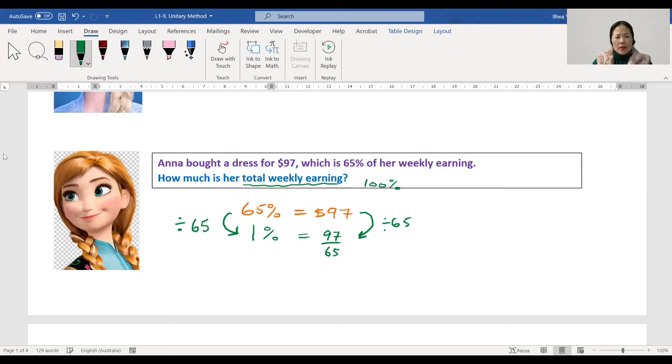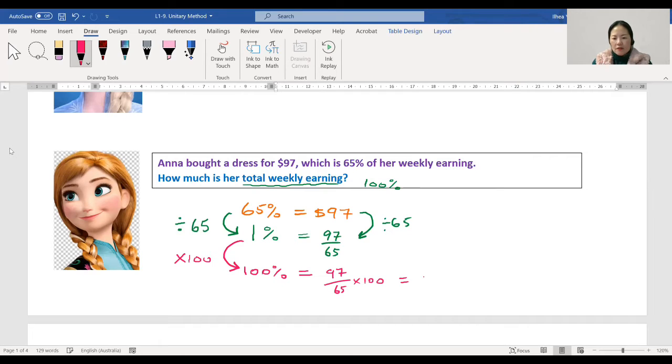So from 1% to 100%, what do we do, guys? Times it by 100. Excellent. You guys are so smart today. So I'm going to do 97 over 65 times 100.